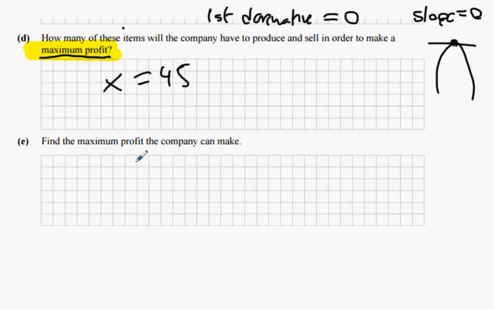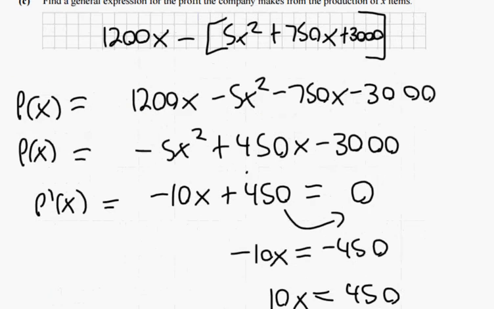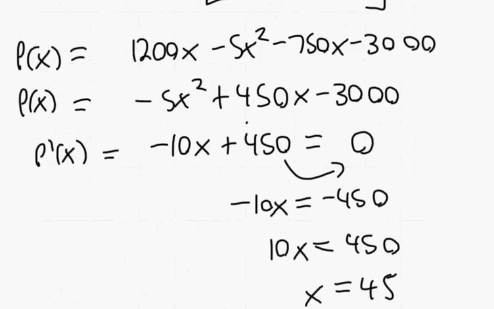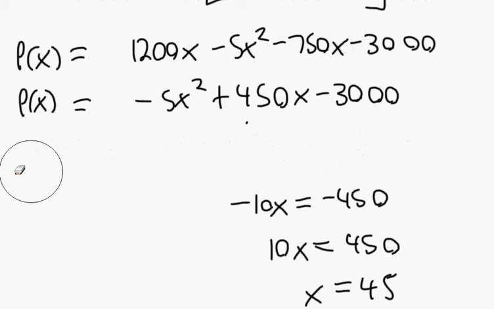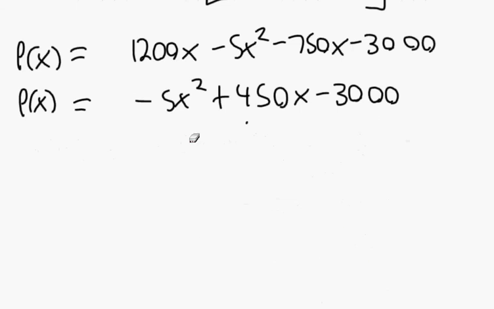What is the maximum profit? Okay, that is what they're asking me. So the profit function is this here. We have to replace x with what number? What number do we replace it with? 45.